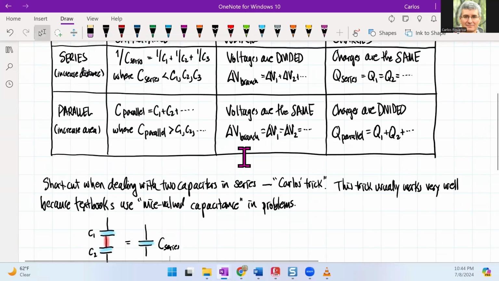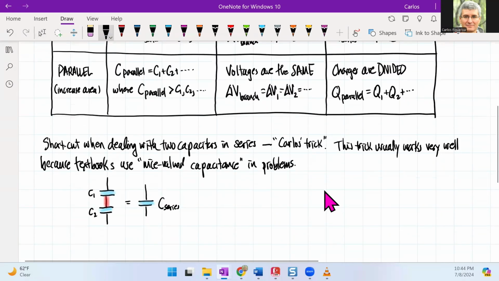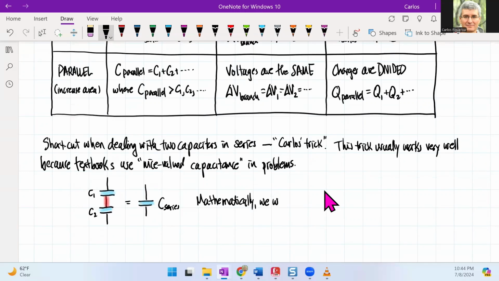If I look at the table, if I have two capacitors in series, it's their inverses that add. So mathematically, we write that 1 over C series is equal to 1 over C1 plus 1 over C2.